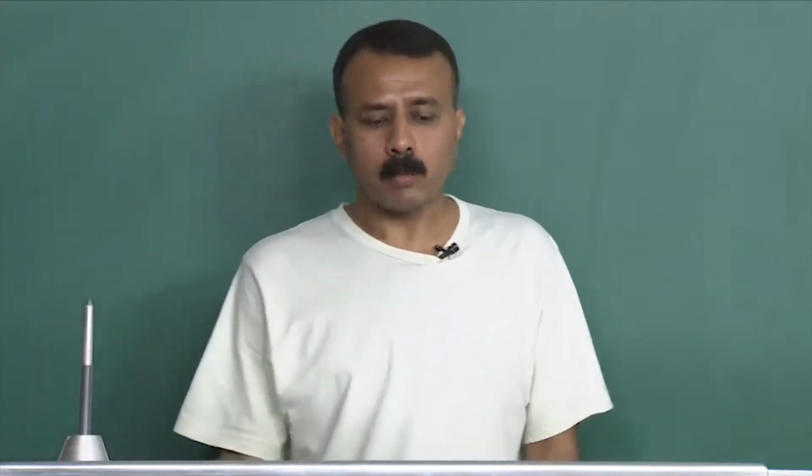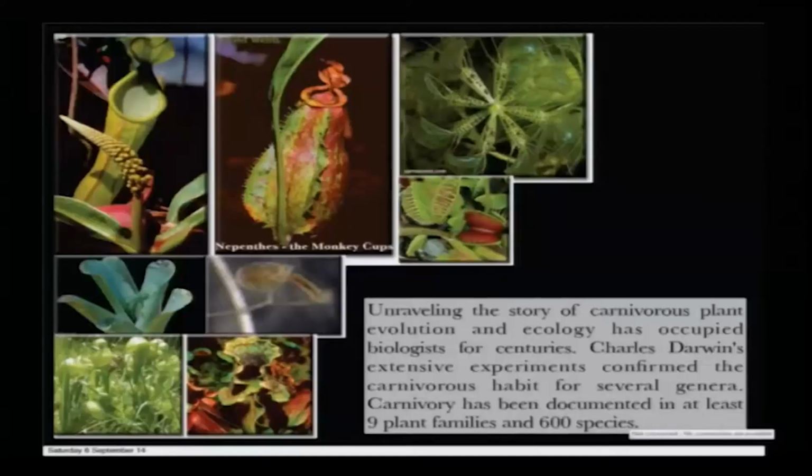So, some of you may have seen some of these pictures, some may not have. These are just a handful of examples of a series of carnivorous plants which are available in nature. There is a huge population of them.